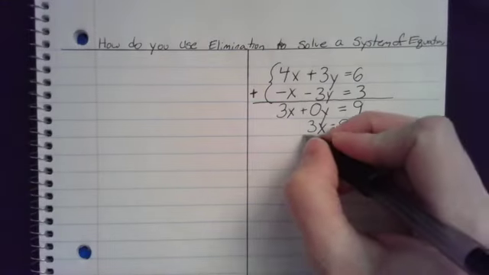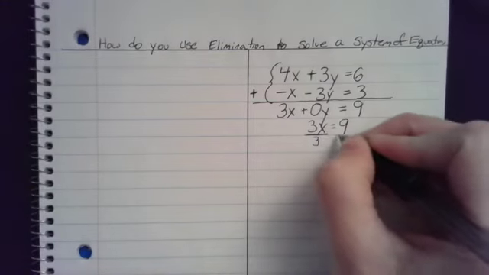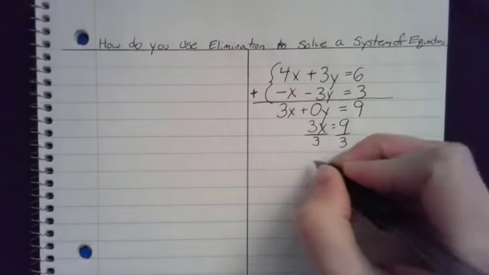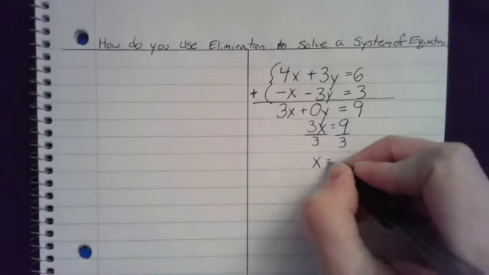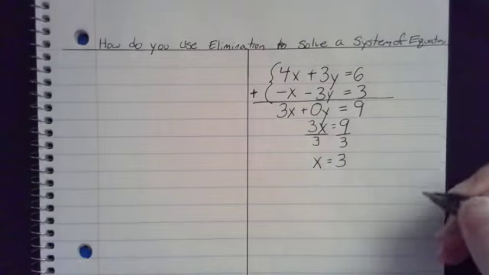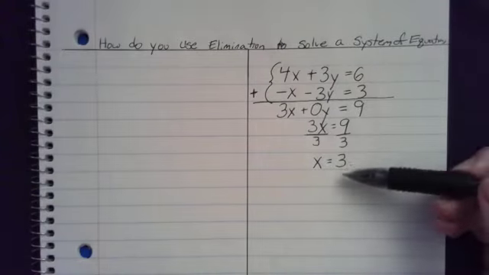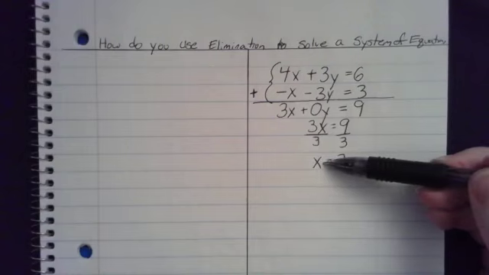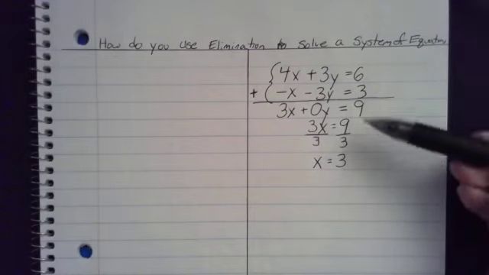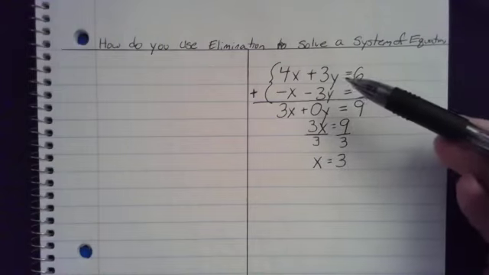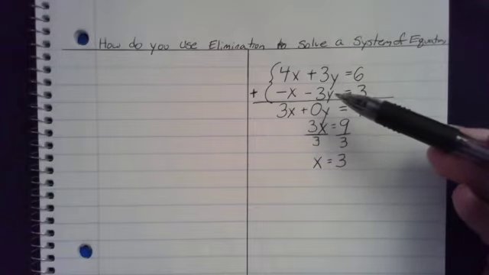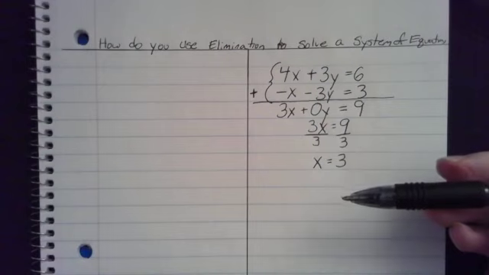Now to solve this, we're going to divide both sides by 3 to get x by itself, and we find out that x equals 3. Now we only have the first variable solved. We still need to go up and find y. So I can plug it into either of the equations and solve for y.